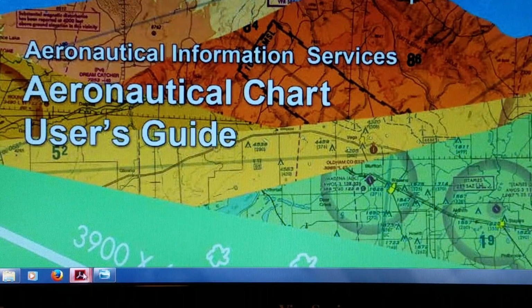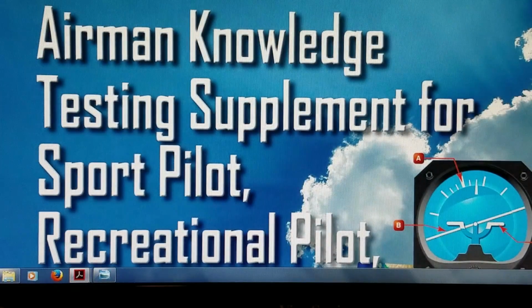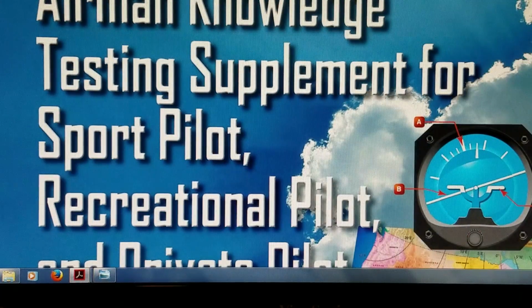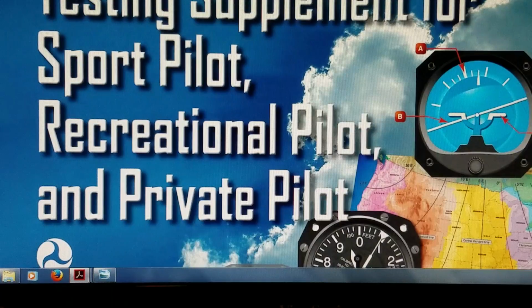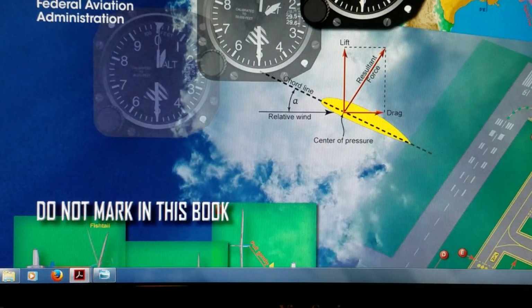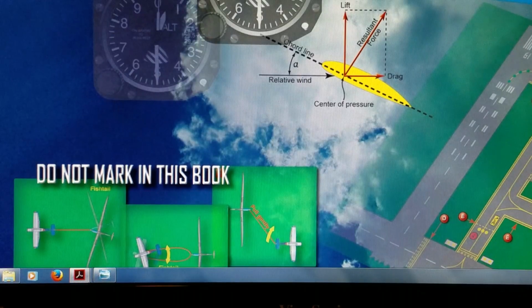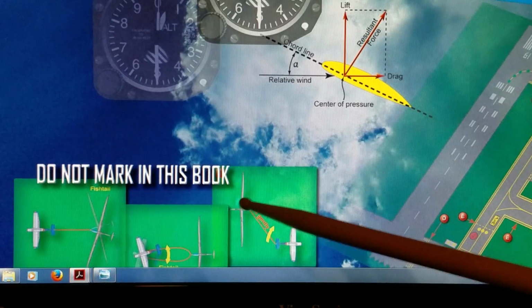Of course, we are going to pay special attention to this one because that's the workbook that you would get: the Airman's Knowledge Testing Supplement for Sport Pilot, Recreational Pilot and Private Pilot. When you look at the cover of that workbook, you will see "Do not mark in this book."